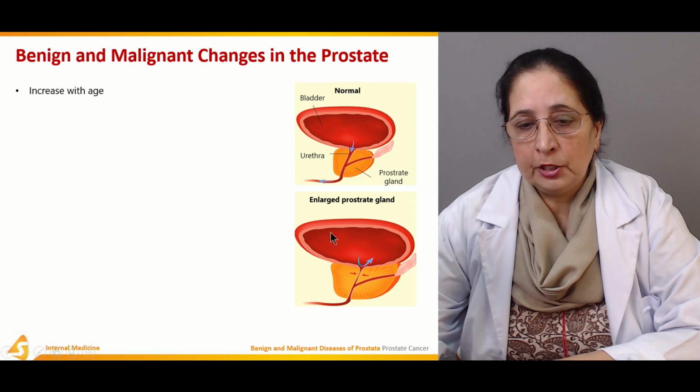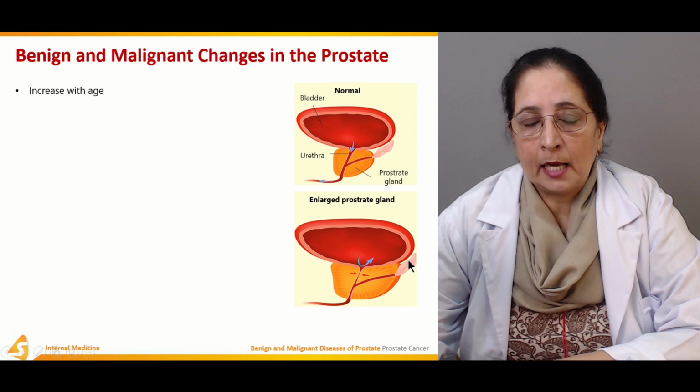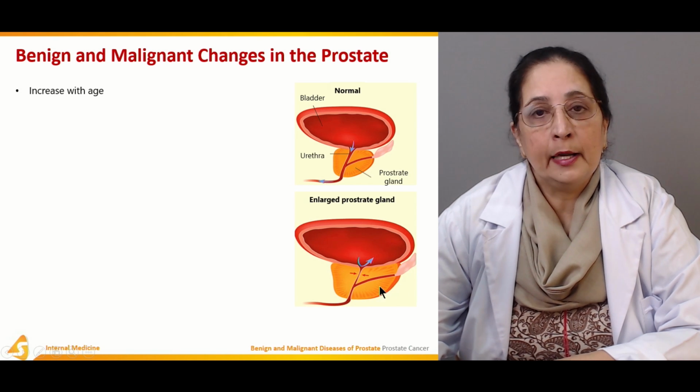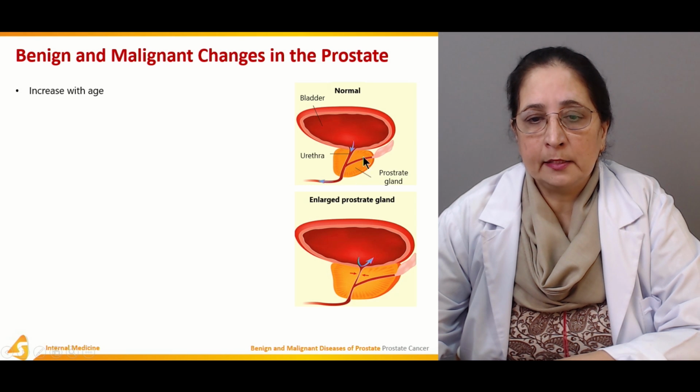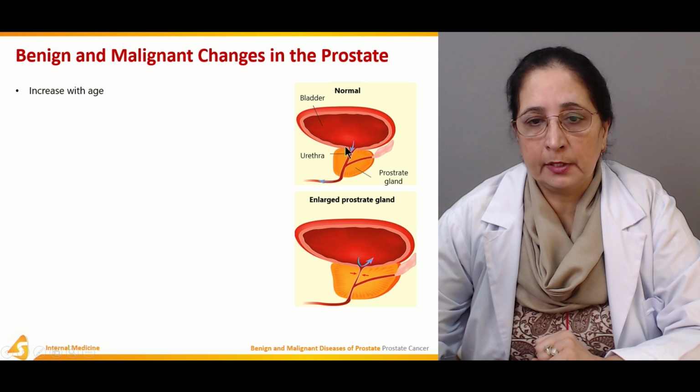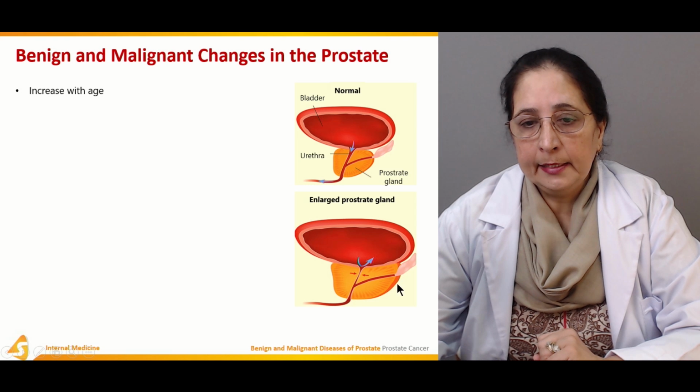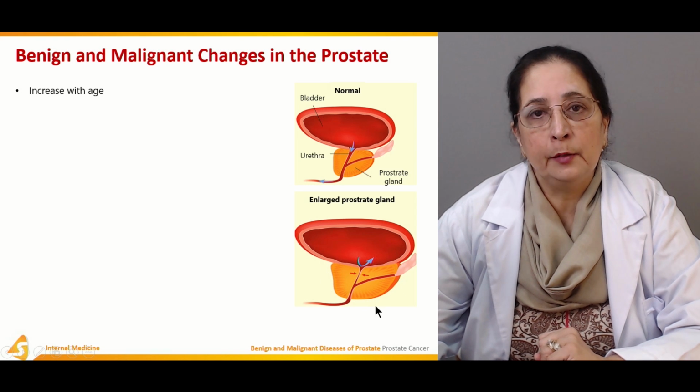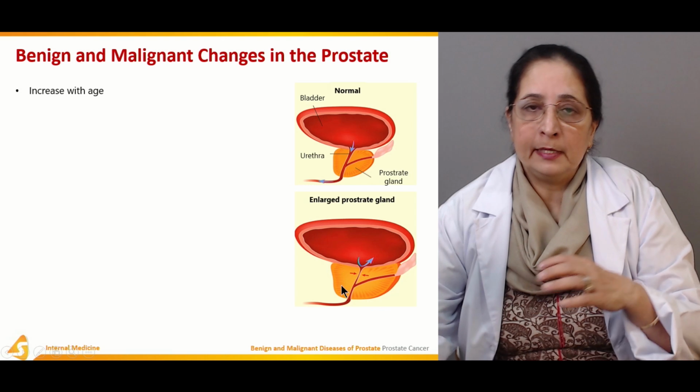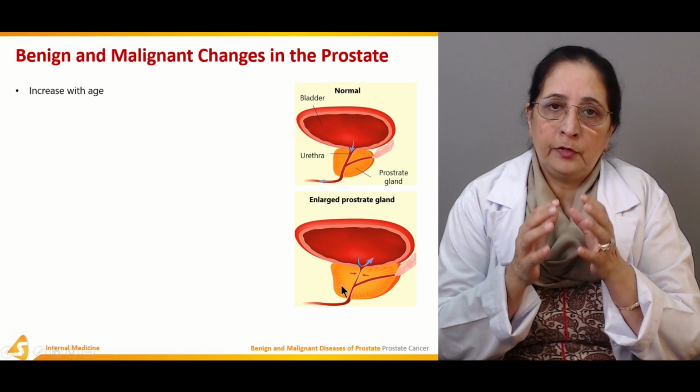In this picture, this is the prostate gland that is hypertrophied or enlarged as compared to the normal walnut-shaped prostate gland. This is the hypertrophied prostate gland, and it's close to the urethra.